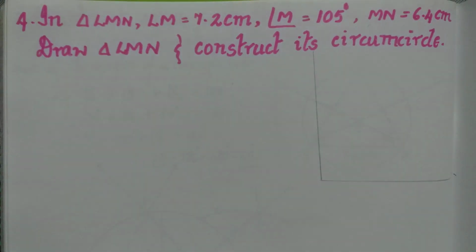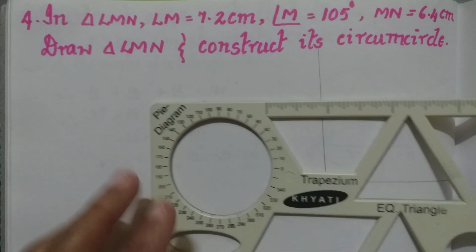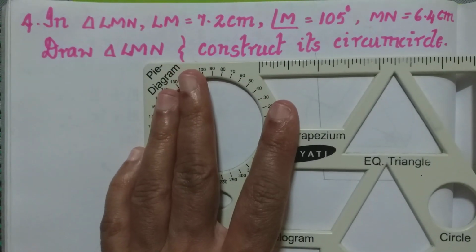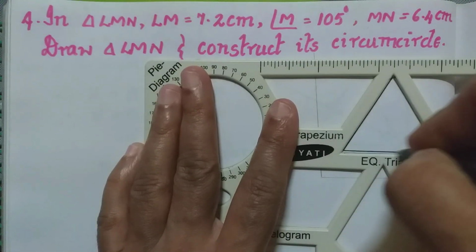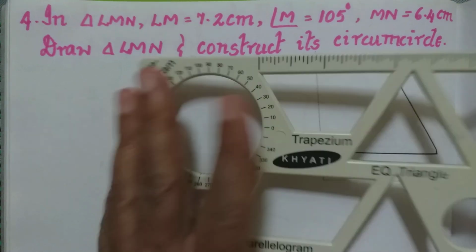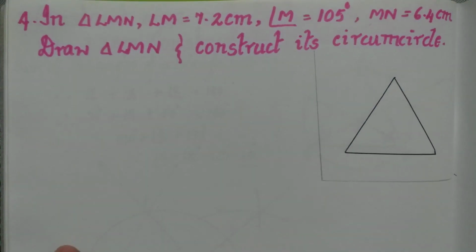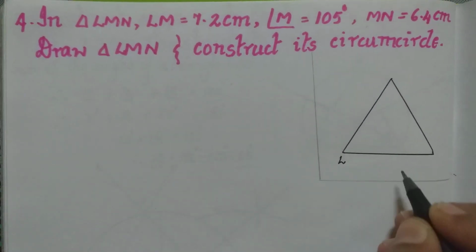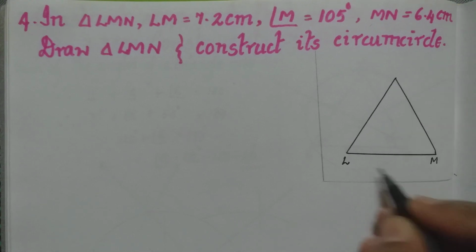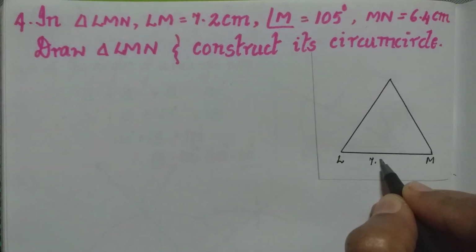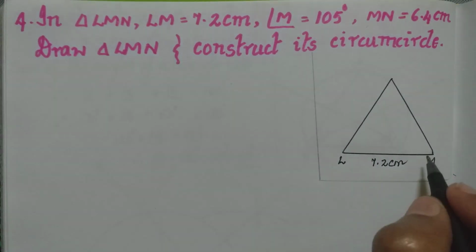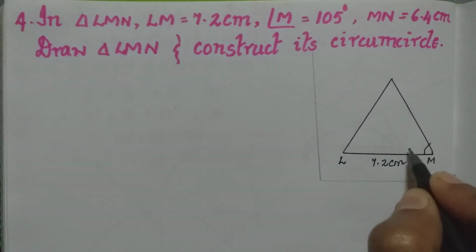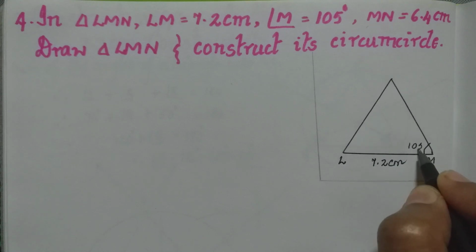So first we draw a rough figure of a triangle. When we draw the rough figure of the triangle, the base we will consider as LM to be 7.2 centimeter. Now they have said angle M is 105 degrees. So I mark here 105 degree.